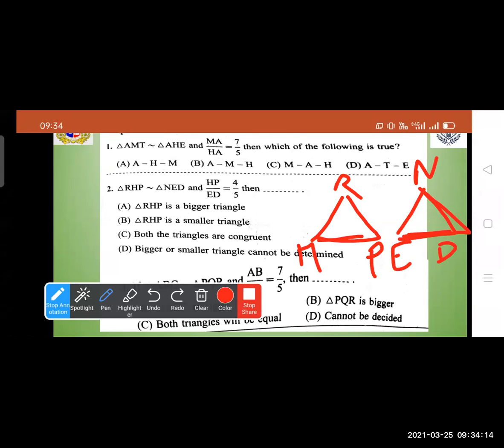Here is the similar triangle. So which one is similar or congruent? From this we find which condition is true here. So the first condition is triangle RHP is similar to, yes, RHP is the bigger triangle. The second one, this one is the smaller triangle. So from this we identify that RHP is the smaller triangle.